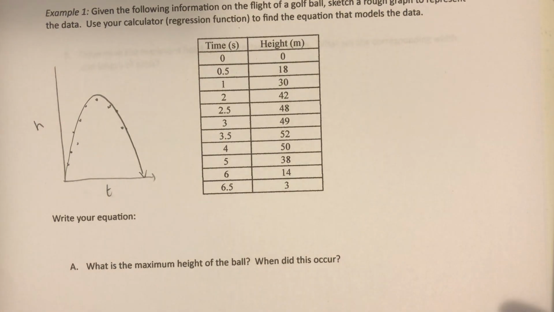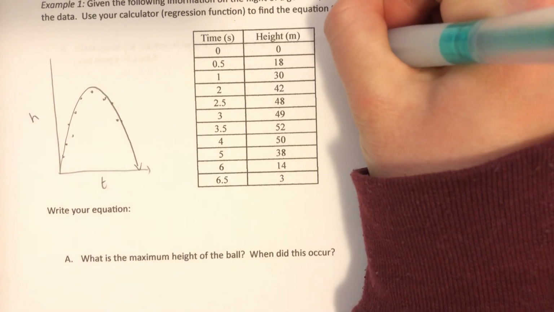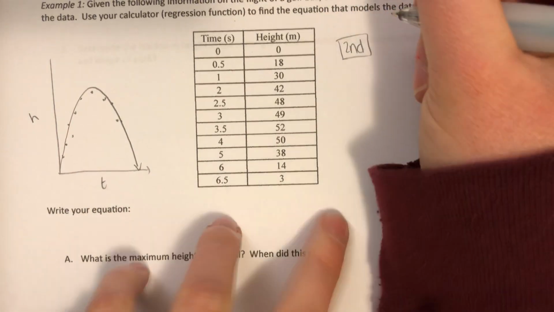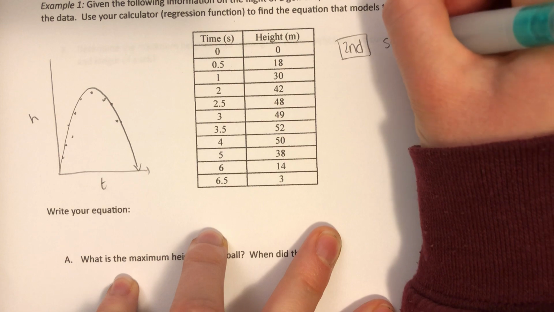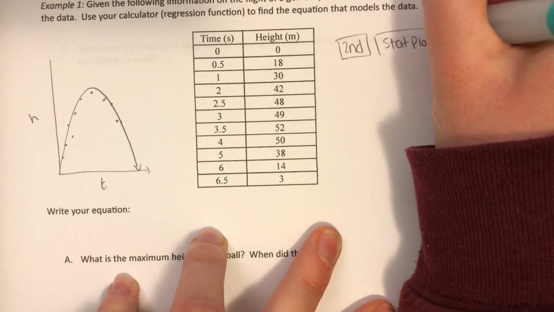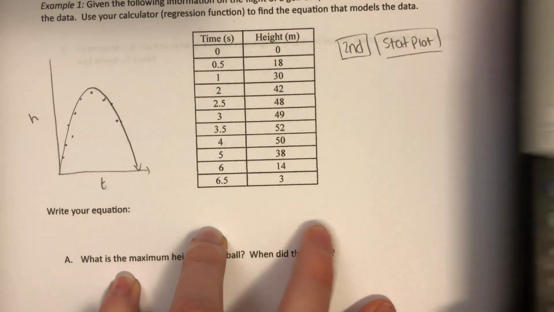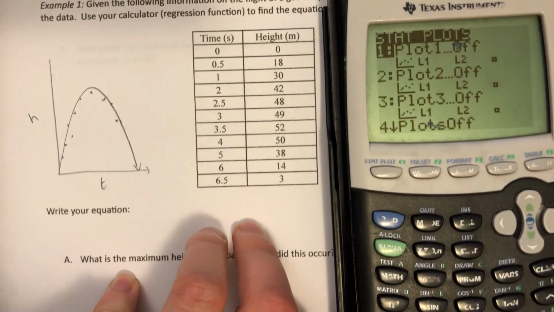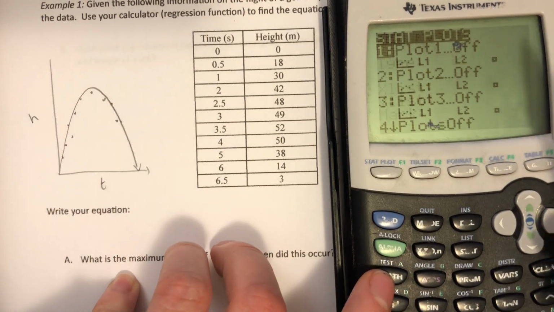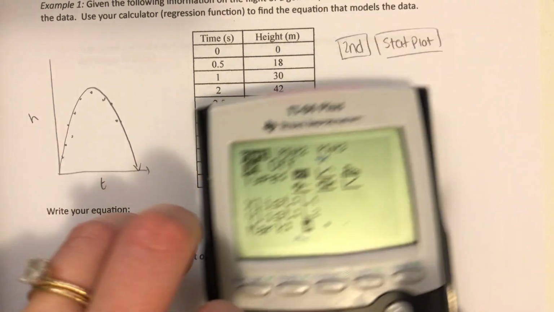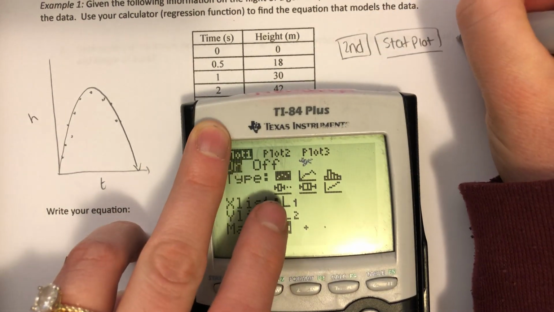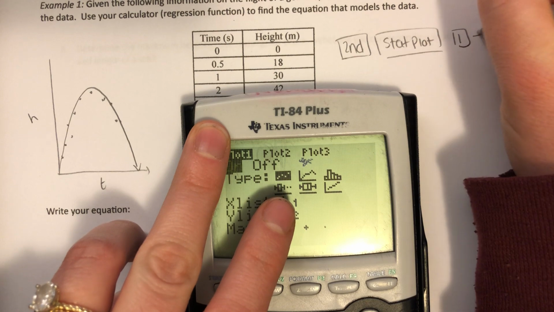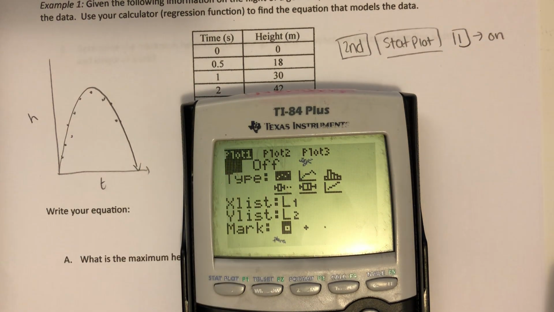Okay, so to do that, we press second, and then stat plot, which is basically the y equals button. We're going to go into number 1 and turn it on. We click on the highlighted on, and now we can see that it's on.